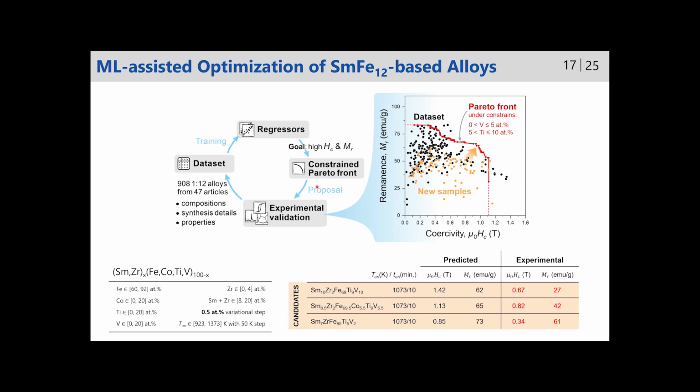And then after selecting some candidates, we can perform experimental validation, and if we are satisfied, we can stop at this stage. If we are not, we update the dataset and repeat this cycle until convergence, until obtaining a reasonable composition with good performance.